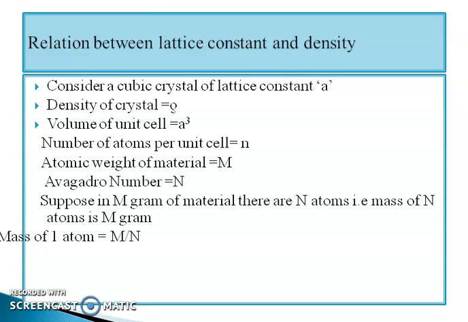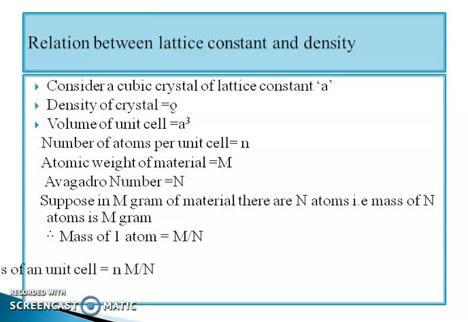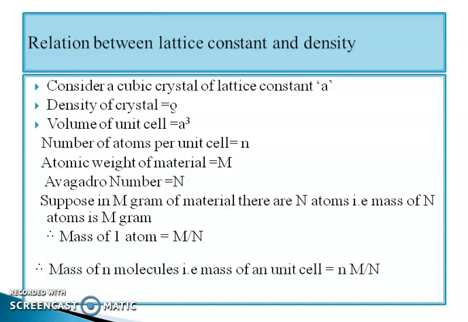Therefore, the mass of one atom is equal to capital M by N. And therefore, the mass of n atoms, that is the mass of a unit cell, is n into M by N.